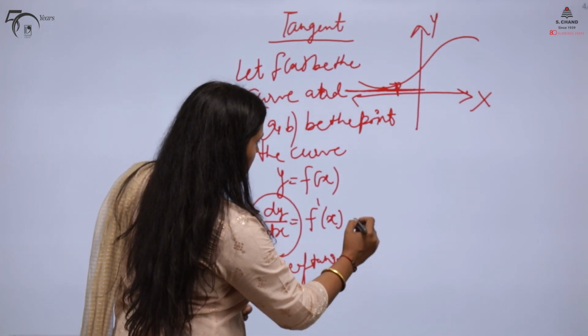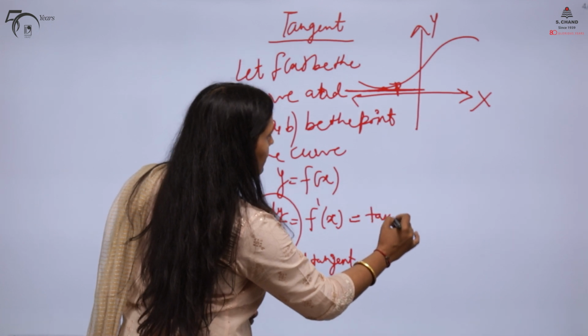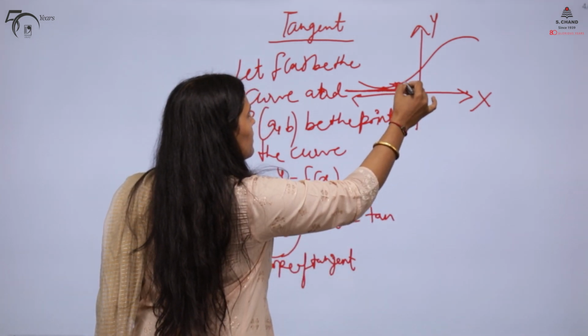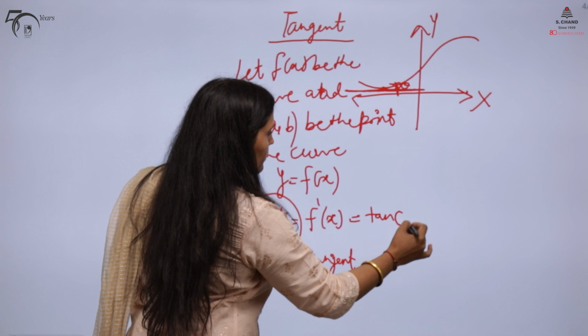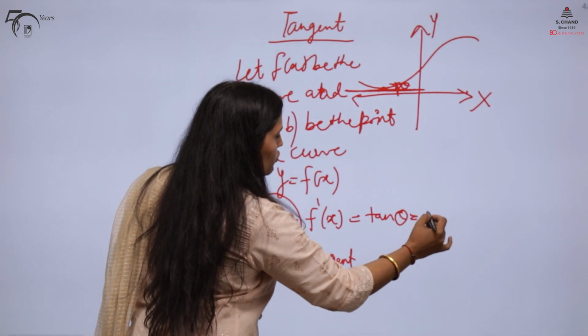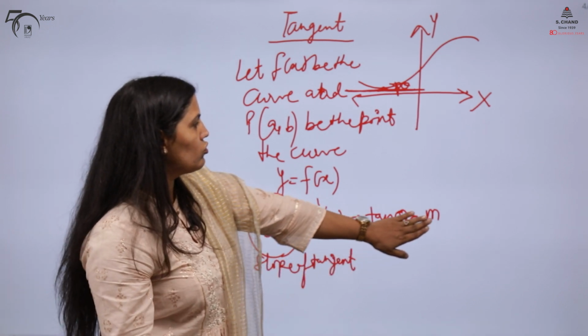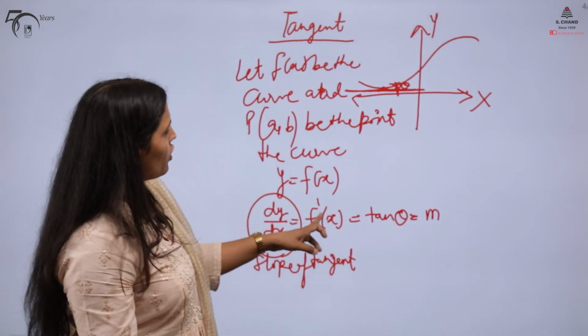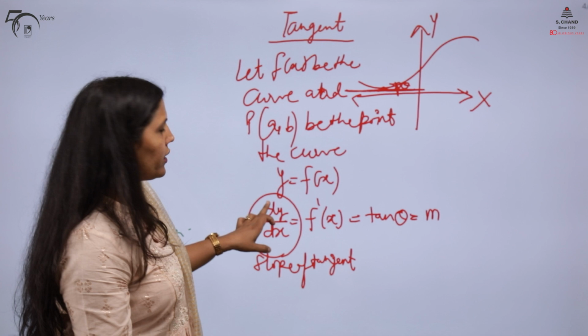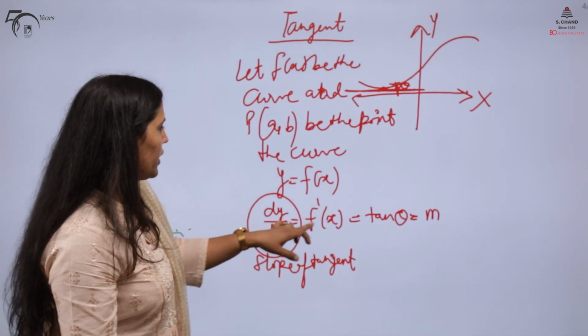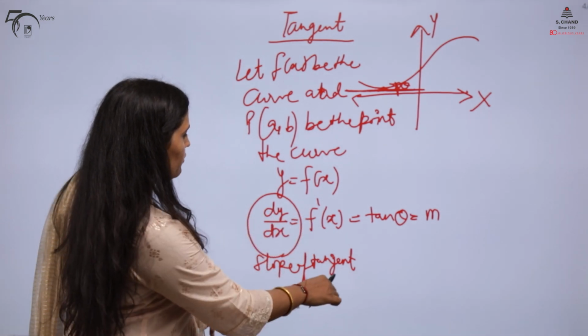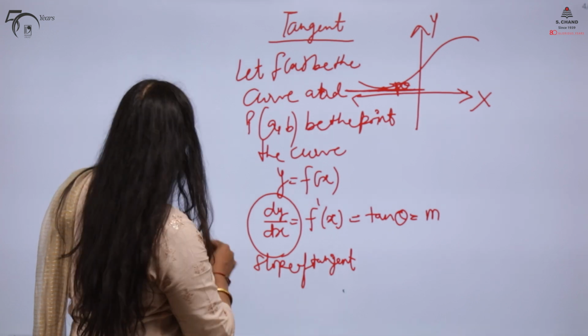So this is basically tan theta. This notation we also use, and sometimes we denote the slope as m also. So m is dy/dx, or you can say f'(x), but generally we write dy/dx only. So we got to know the slope of the tangent is dy/dx.